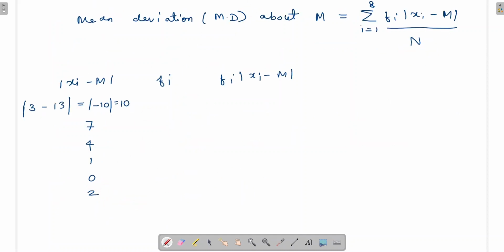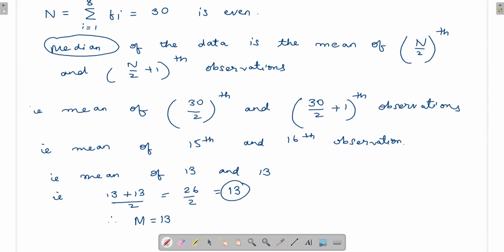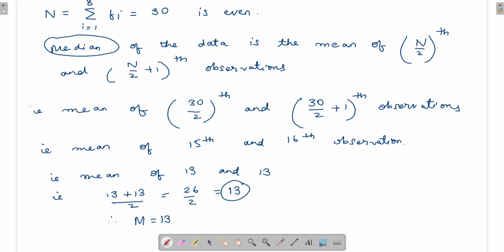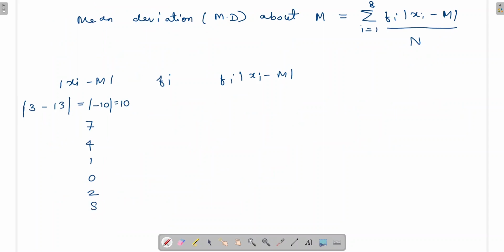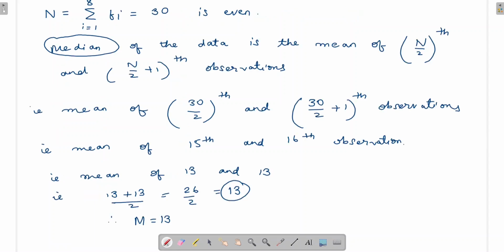Then modulus of 21 minus 13 will be 8, and then modulus of 22 minus 13 will be 9.